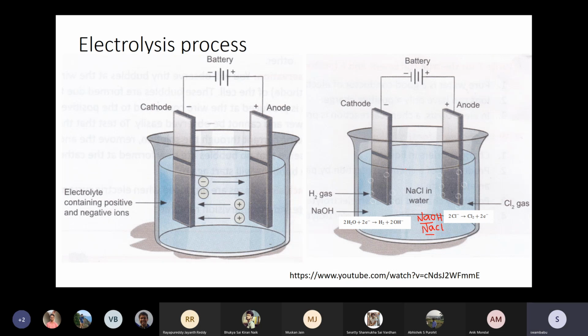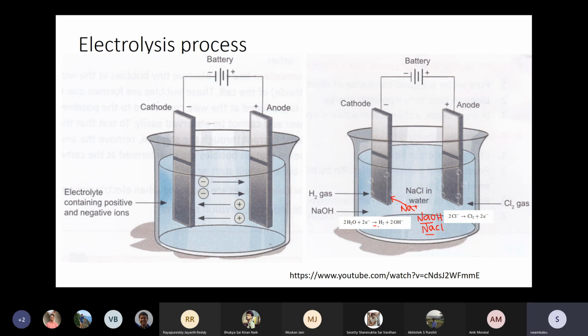Another important problem here is that although the reduction reaction happens at the cathode, the Na+ ions can also migrate to the cathode and stick to it. That reduces the efficiency of the cathode reaction.